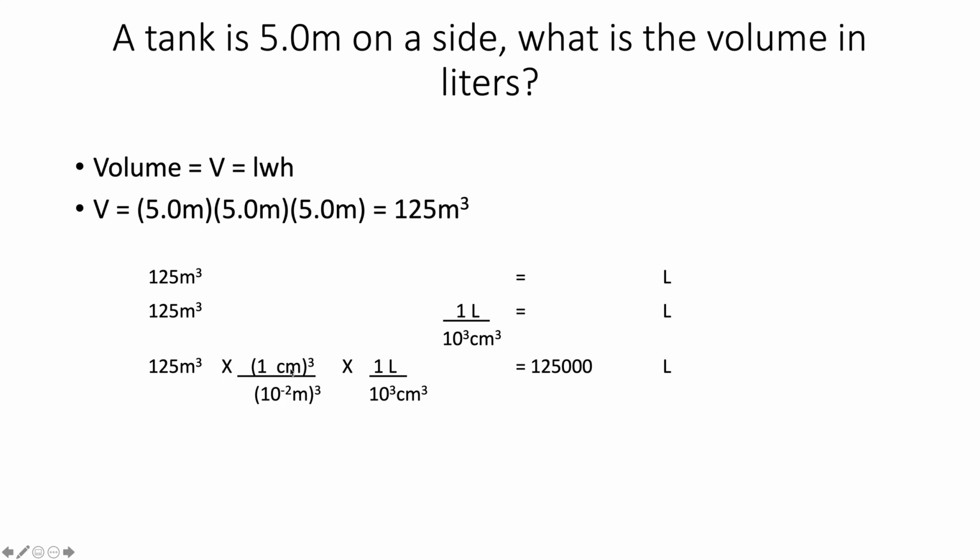I don't just cube the unit, I cube the number with the unit. So it's 1 centimeter quantity cubed, 10 to the minus 2 meters quantity cubed. And this, now you do the math. This is 10 to the minus 6, so 125 cubic meters divided by 10 to the minus 6 cubic meters divided by 10 to the third is 125,000 liters.